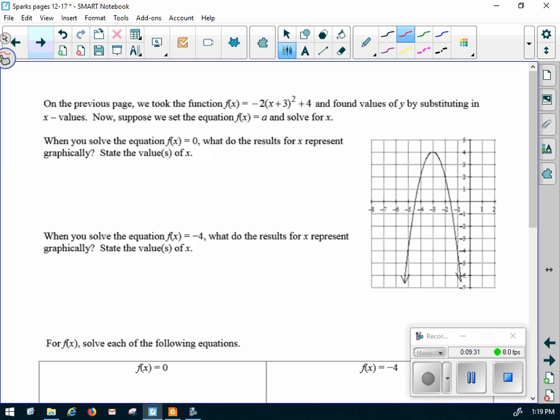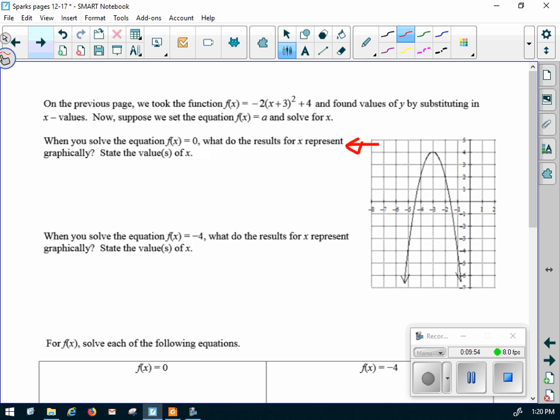Okay. On the previous page, we took that function and found values of y by putting in x values. Now, suppose I give you y values and we want to solve for x. I want you to look at this question right here.